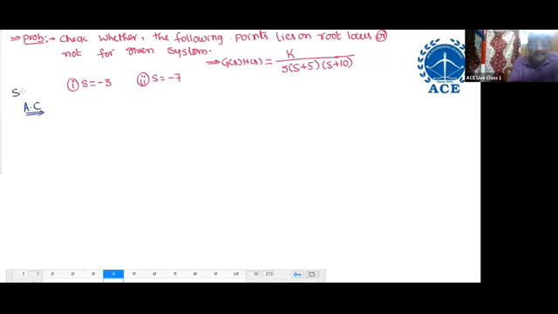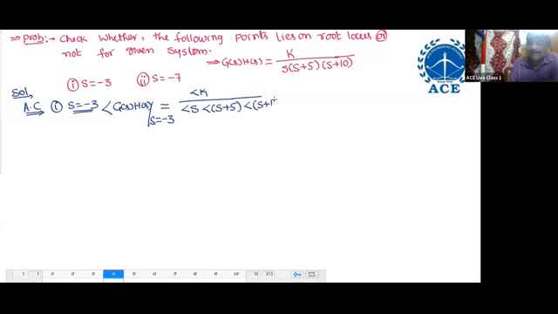AC means angle condition. First take the first problem, at S equal to -3. The angle of G of S, H of S is angle of K by angle of S, angle of S plus 5, angle of S plus 10. Now substitute S equal to -3.